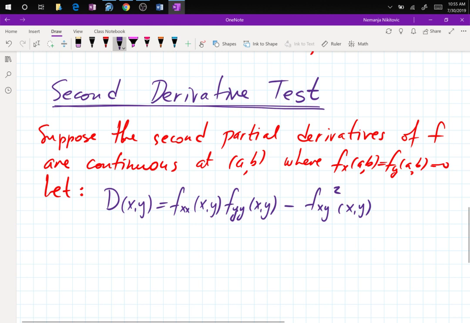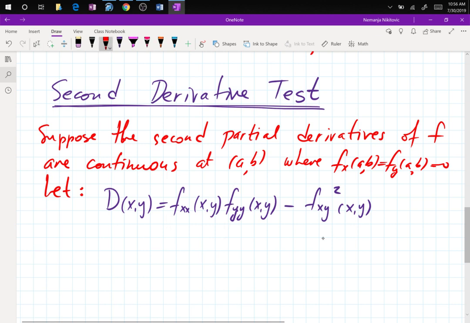So this is the equation for the second derivative test that you are using to sort the points. So now let's take a look at the cases. Number one.